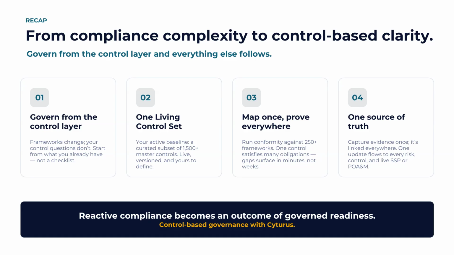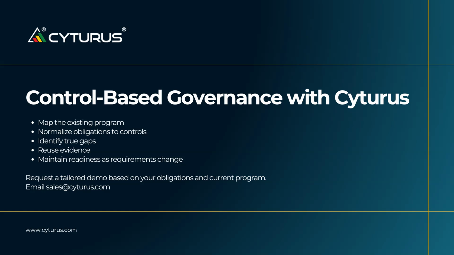Cyturus helps organizations turn compliance complexity into control-based clarity by mapping the existing programs, leveraging a common control framework, or what we call a master control library, and maintaining a living control set. The result is a program that is easier to understand, easier to maintain, and better prepared for what comes next. That is control-based governance with Cyturus.